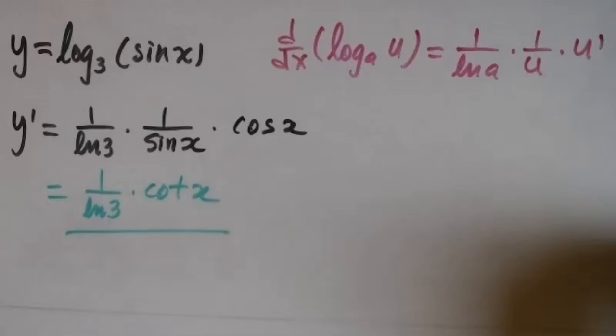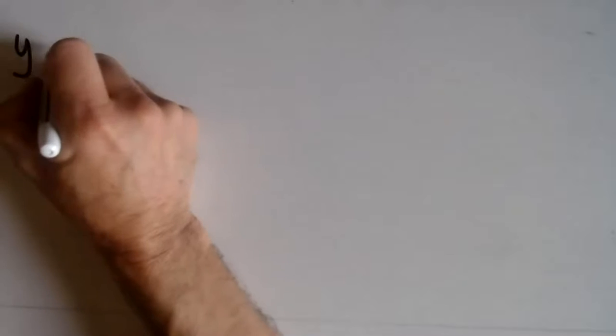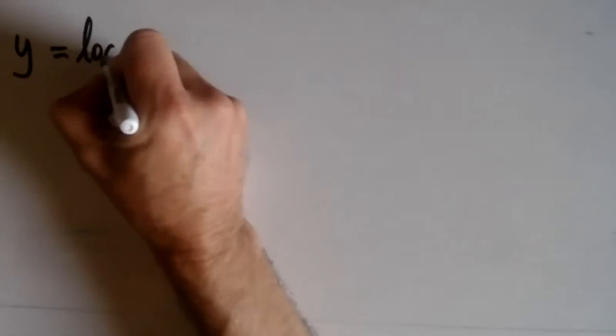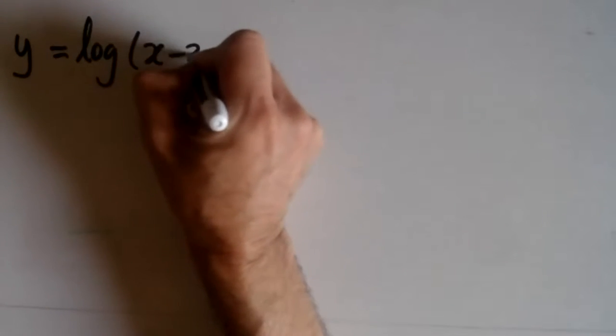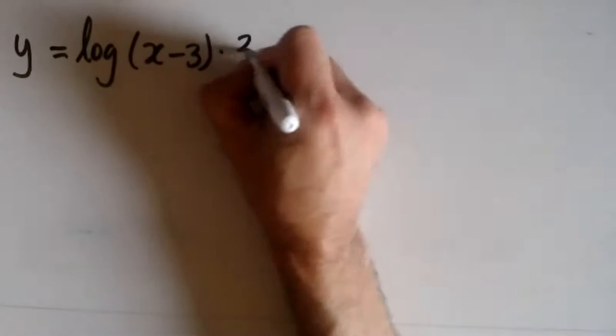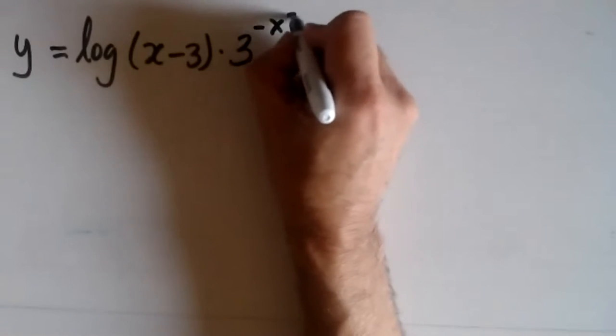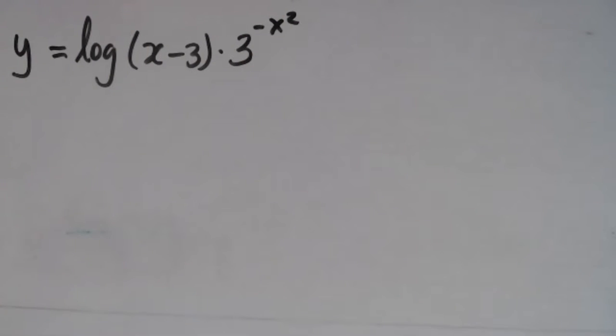Okay. The last example. So we have y equals the log of x minus 3 times 3 to the negative x squared. So I have this thing.